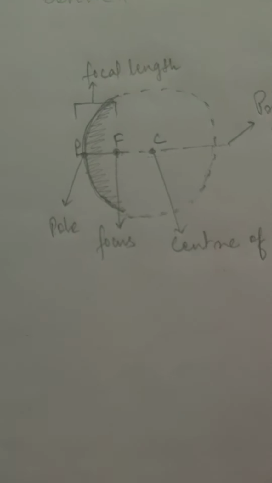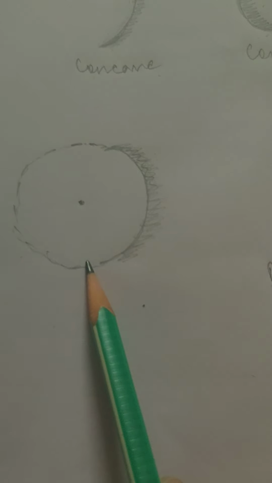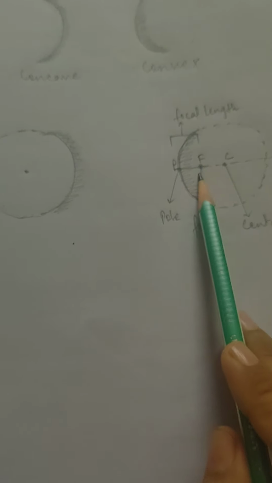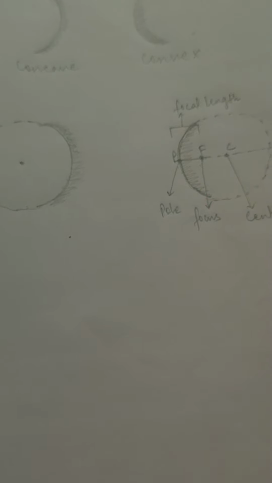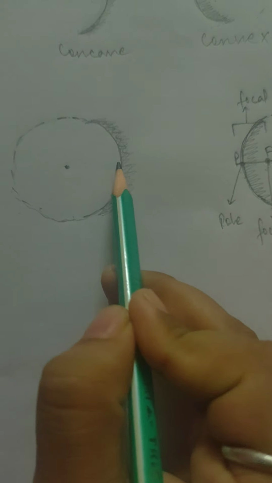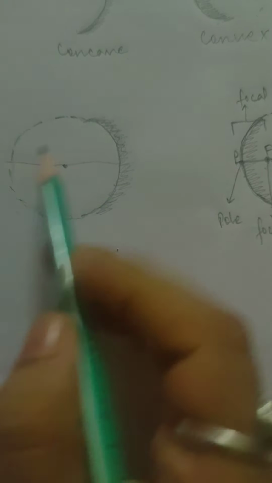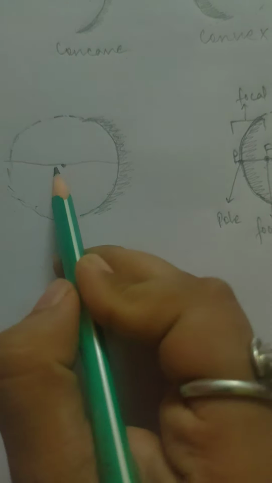Now another thing. For this mirror, everything is at the back side of the mirror, but if I draw the same thing for this mirror, then the center of curvature will be out here, the focus will be out here, and the pole will be out here. That means everything in this mirror is in front of the mirror, and everything in this mirror is at the back of the mirror.